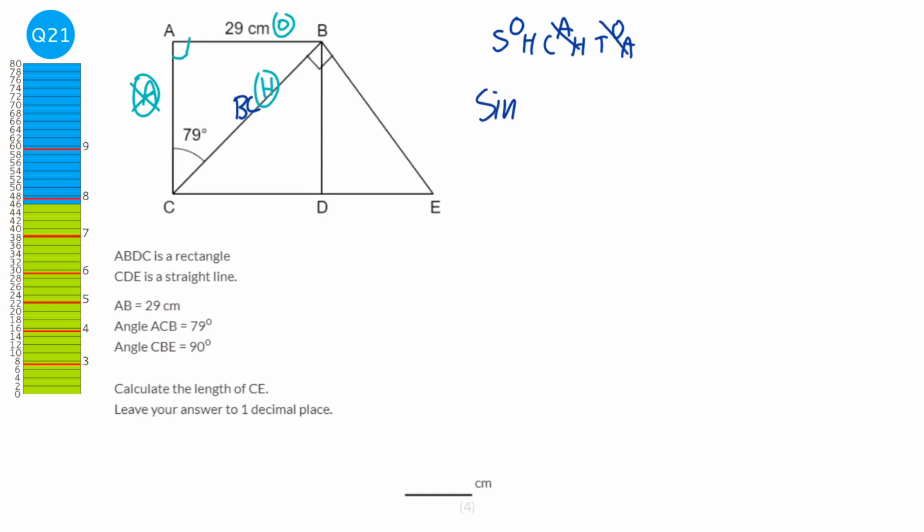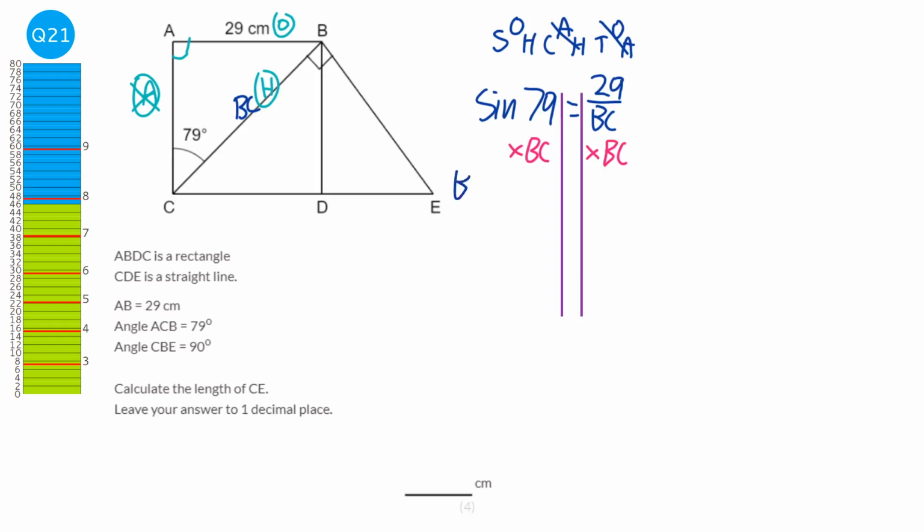So we know that sine 79 equals the opposite, which is 29 over the BC. So I'm going to put my solving lines in, and we need to times both sides by BC first of all.